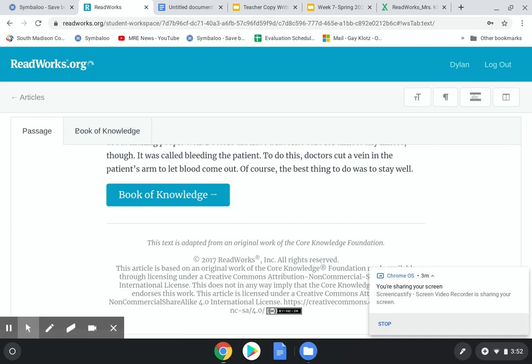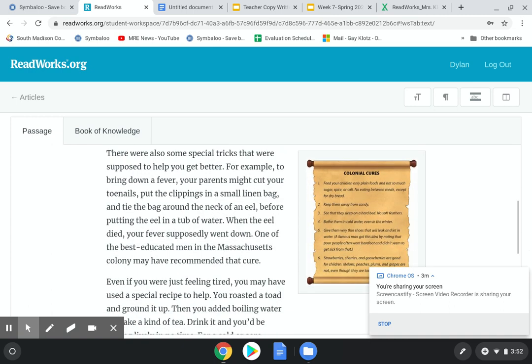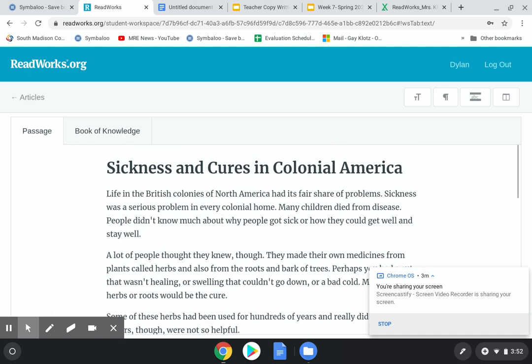So going back to the article, Sickness and Cures in Colonial America, I'm not going to read it to you, but I will tell you the idea of it. As the title mentions, the whole idea of this article is that it tells you some really unusual things that people did back in colonial times when they got sick.